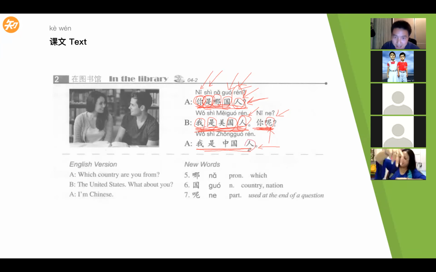I'm Chinese is enough. 中国人 means Chinese. Just when you are talking to some native Chinese, pay attention. 中国 means China, the country. 中国人 means the Chinese. You can say I'm a China person, that means I'm Chinese.